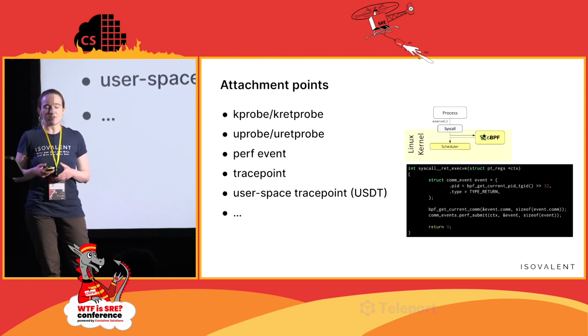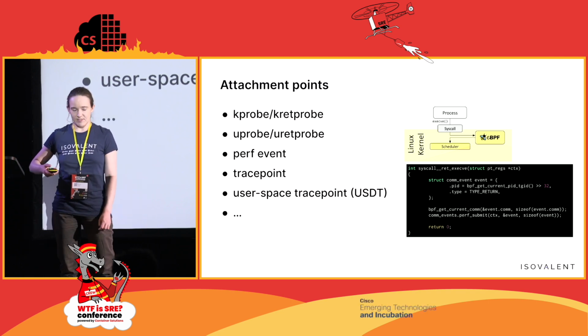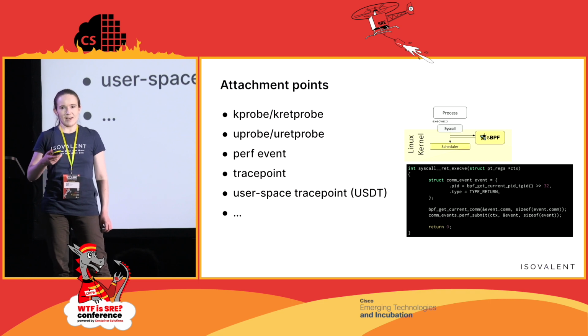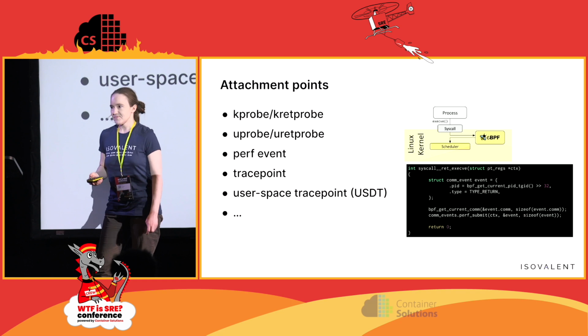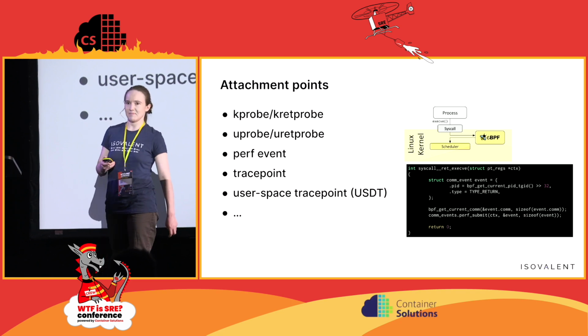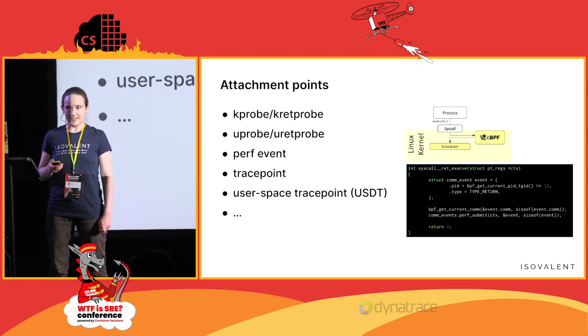Now, perf produces events, and we can attach eBPF programs to them. So that allows us to enrich these events, to process them in the Linux kernel, and produce some richer and more useful observability data for the user.